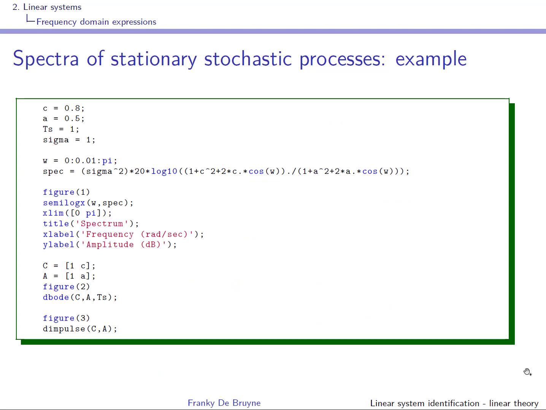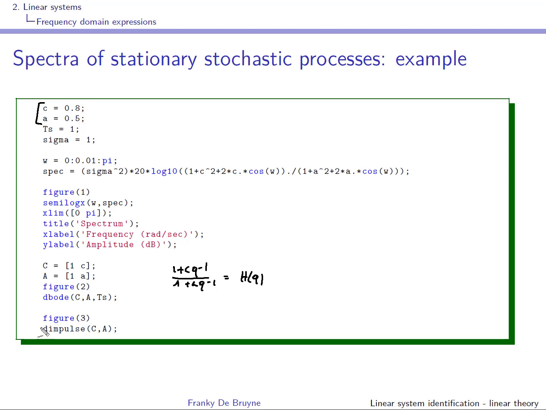So what we can do now is use Matlab to compute the spectrum, and we'll also compute the Bode diagram of the noise model, which is (1 + c q^-1)/(1 + a q^-1). This is H(q), and we have chosen particular values for c and a.